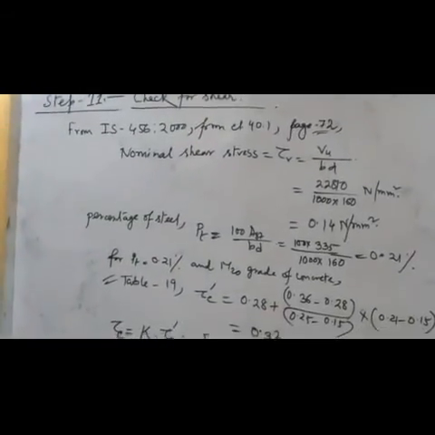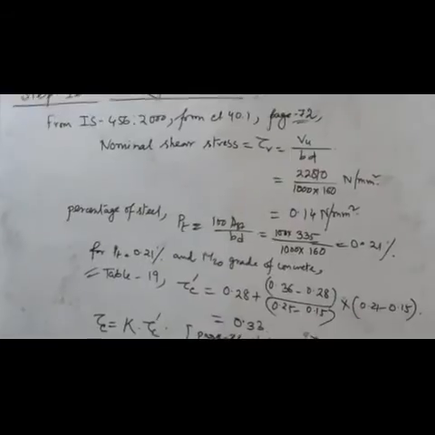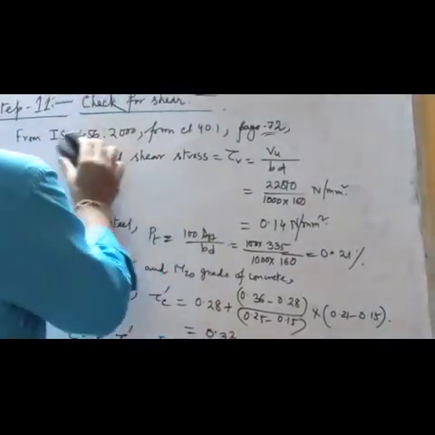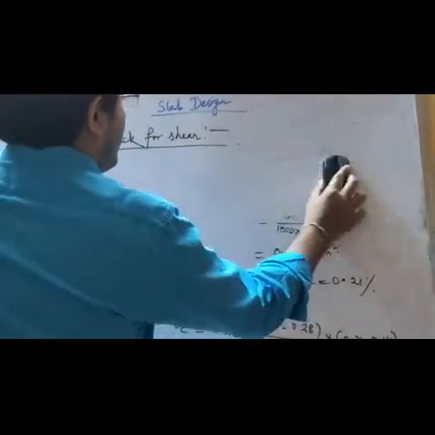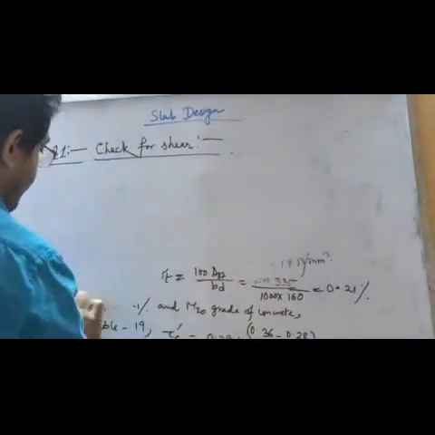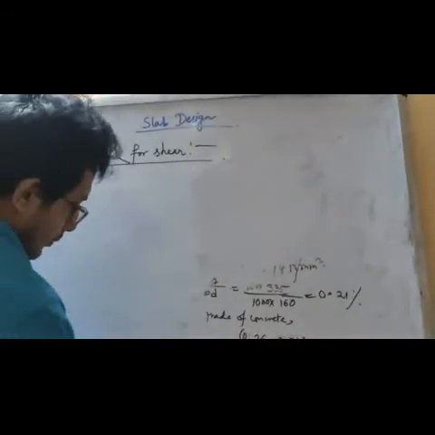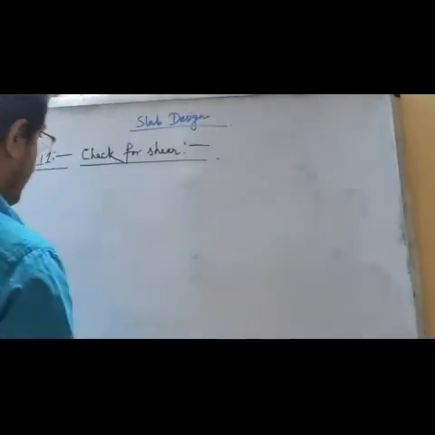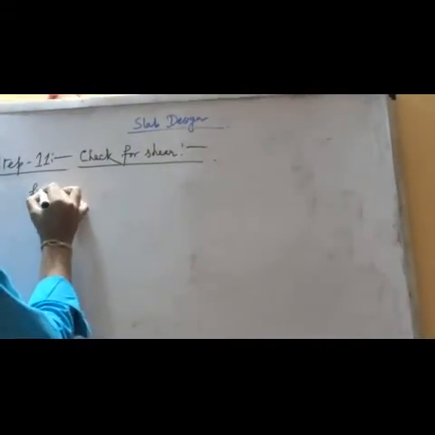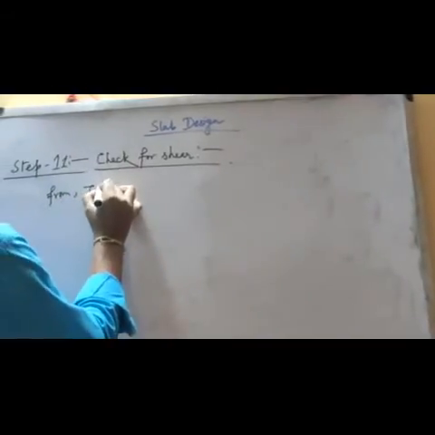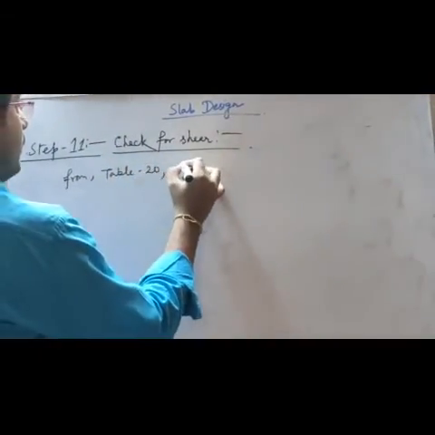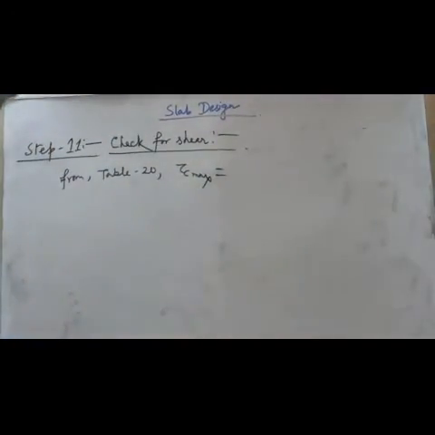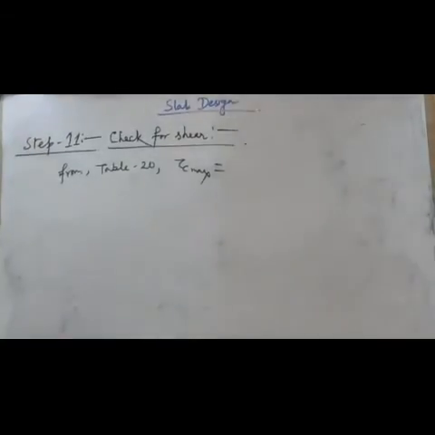Now you have to calculate the value of tau c max. It is the continuation of this step. You have to calculate the tau c max from table 20, which depends on the grade of the concrete.